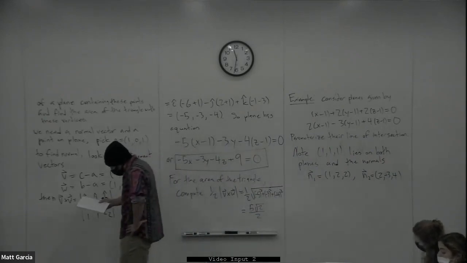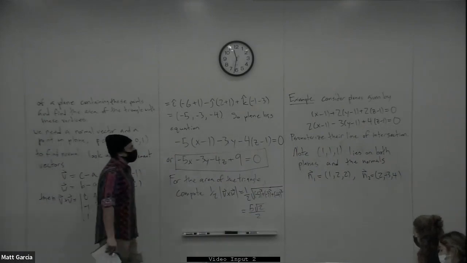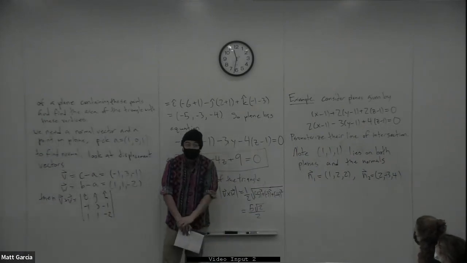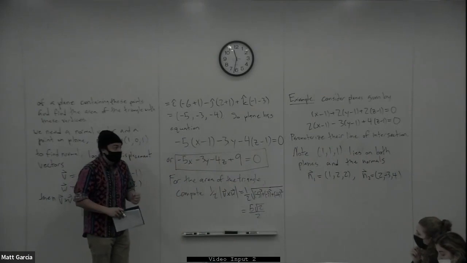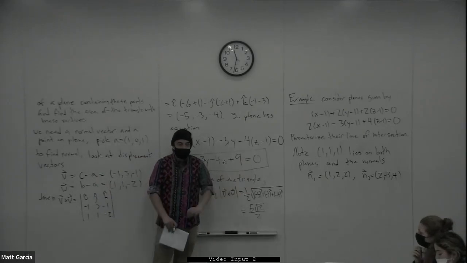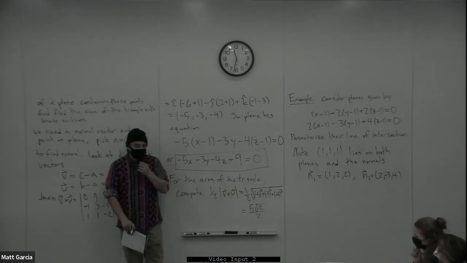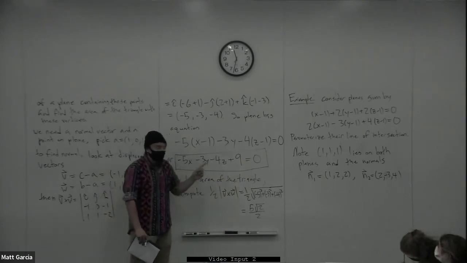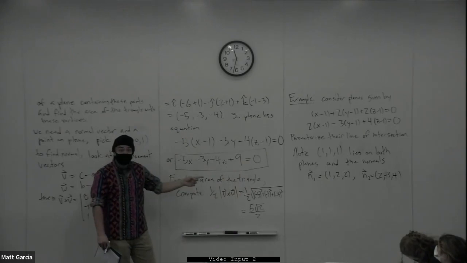Okay, now here's the tricky part. We know that these two planes intersect in a line, meaning that that line resides in both planes. So what does this tell us about the normals in relation to the line? Well, this tells us that N1 and N2 are both perpendicular, both normal to the line itself.